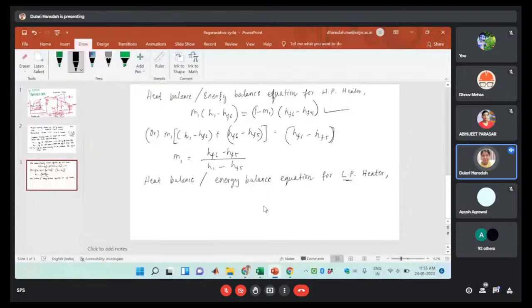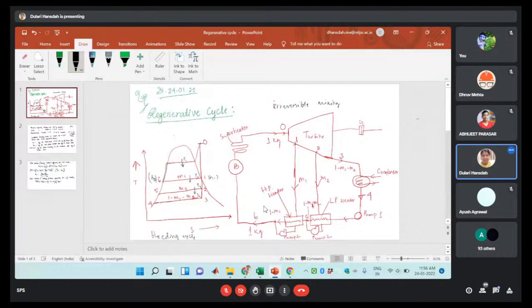Okay, so first is your M2, H2 minus HF5, which is equal to your 1 minus M1 minus M2 into HF5 minus HF4.